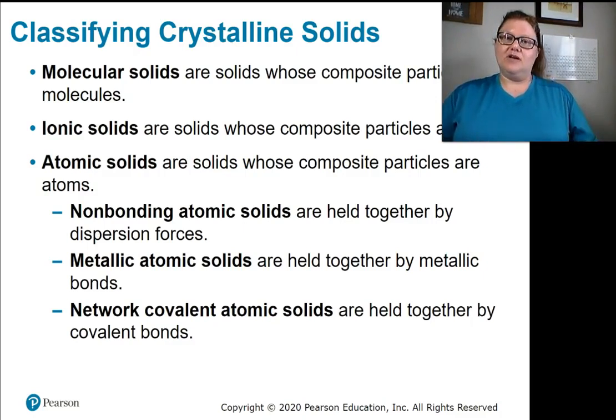Remember from the last lecture, the dispersion forces are present in every type of interaction with atoms. So diatomics, the two atoms are being held together by dispersion. Remember, it's a very temporary partial dipole, and it's just because the electrons are constantly moving around those atoms. We have metallic, and so we have metallic bonds. We'll go and review that. And then we have network covalent, which are covalent bonds.